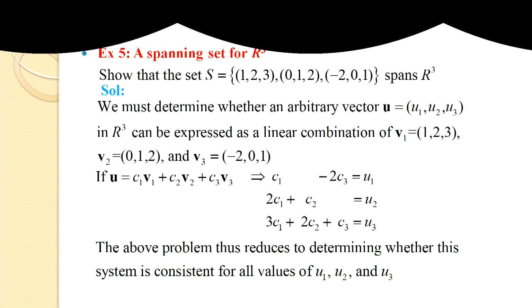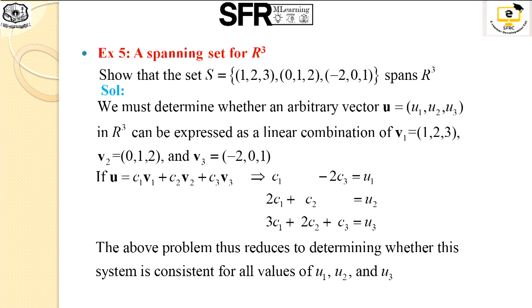A spanning set for R3. Show that the set S spans R3. We determine whether an arbitrary vector u equal to (u1, u2, u3) in R3 can be expressed as a linear combination of v1 equal to (1, 2, 3), v2 equal to (0, 1, 2) and v3 equal to (-2, 0, 1).